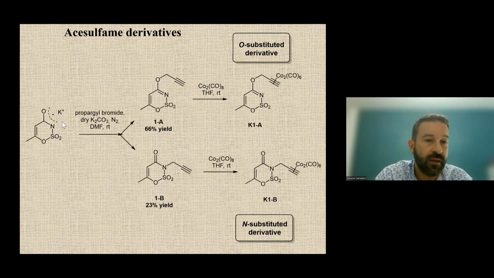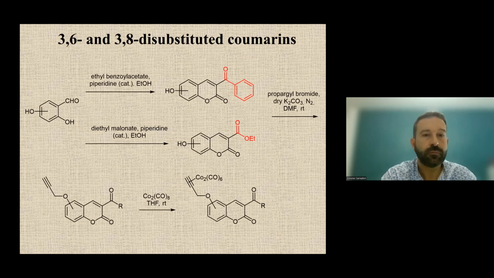In particular, in this case, because acesulfame is a bidentate nucleophile, we can obtain the O-substituted and N-substituted propargyl derivatives, which are both functionalized to cobalt complexes.